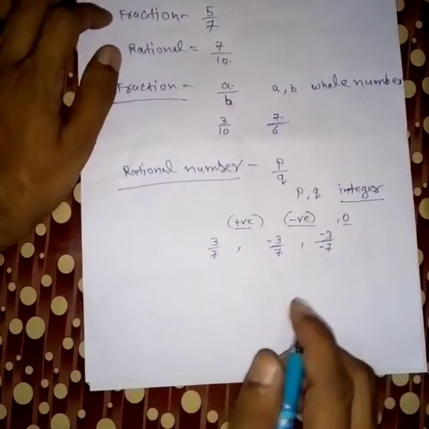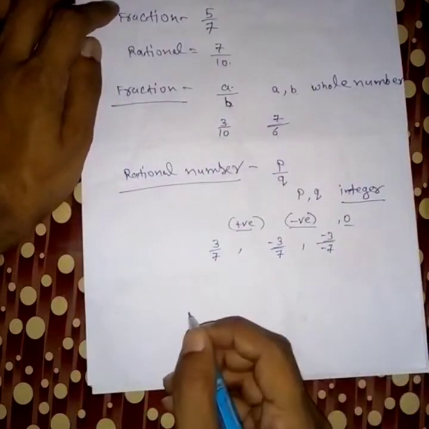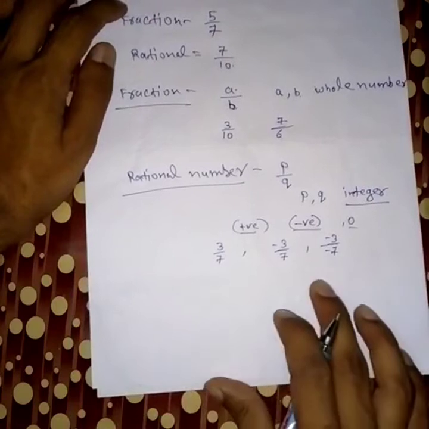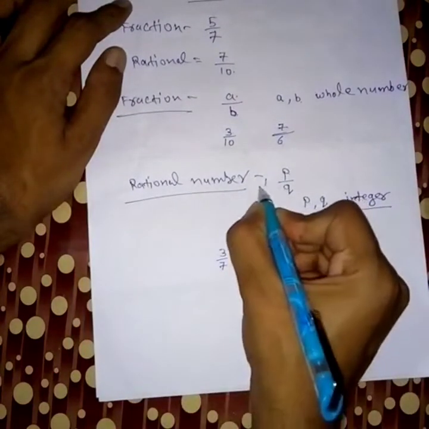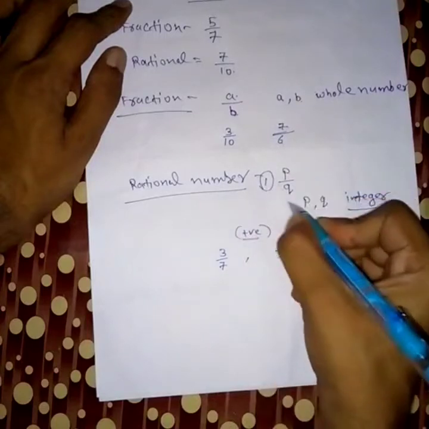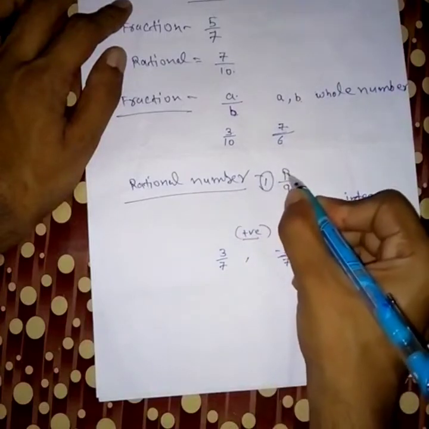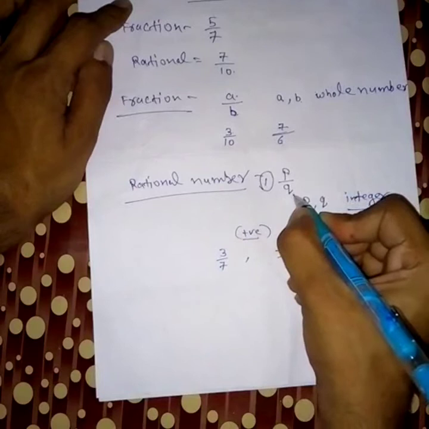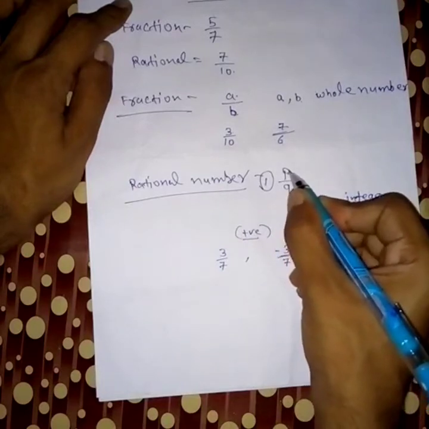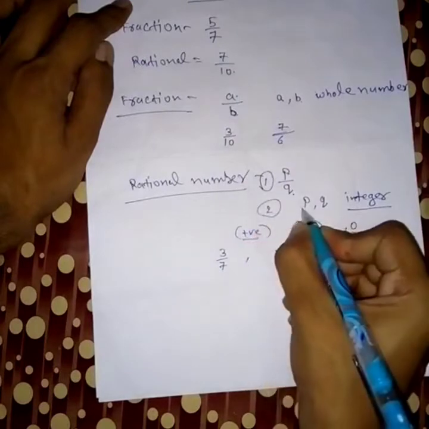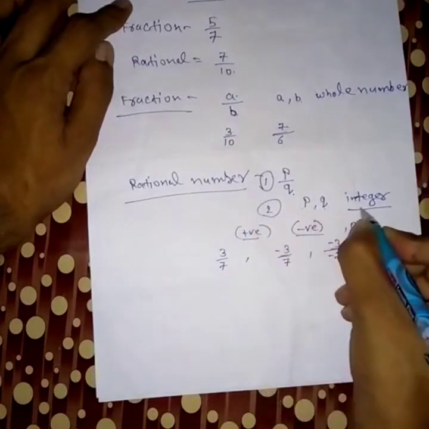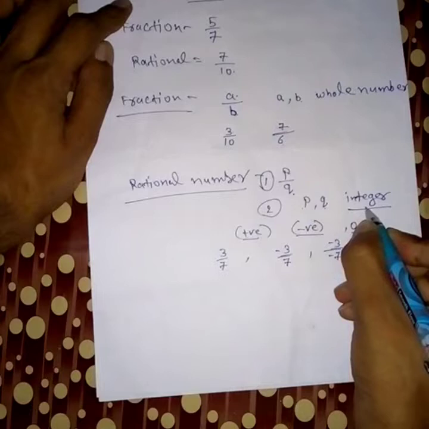Let's move to some more definitions that we can include in this rational number. The first thing we have to notice, the number must be in the form of p upon q. Second thing is, p and q must be integers.